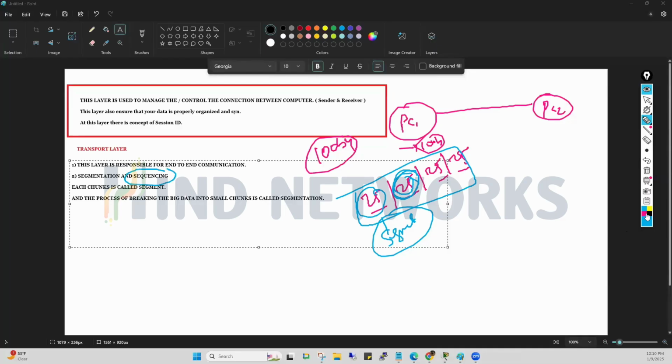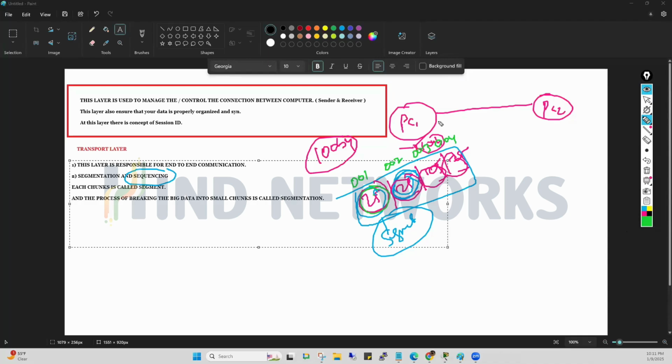In yesterday's class, I told you that for every segment, there will be a sequence number. For example, chunk number 1, segment number 1, sequence number is 001, 002, 003, and 004. Why is sequencing important?